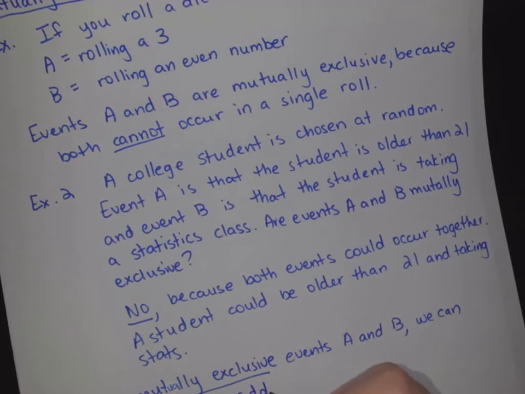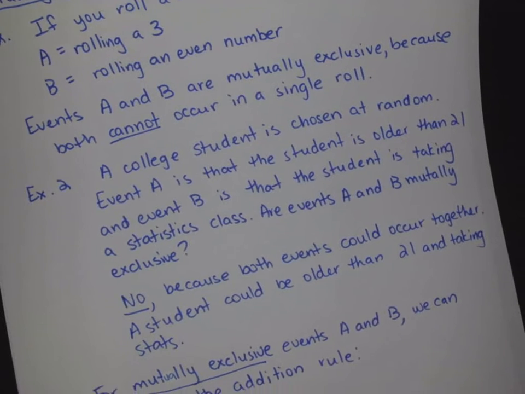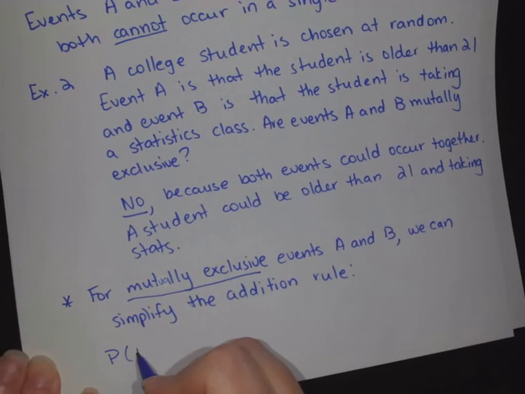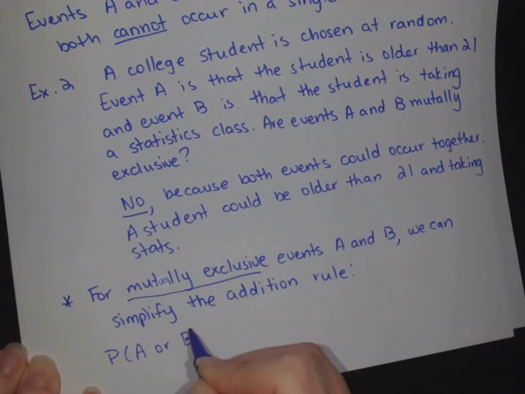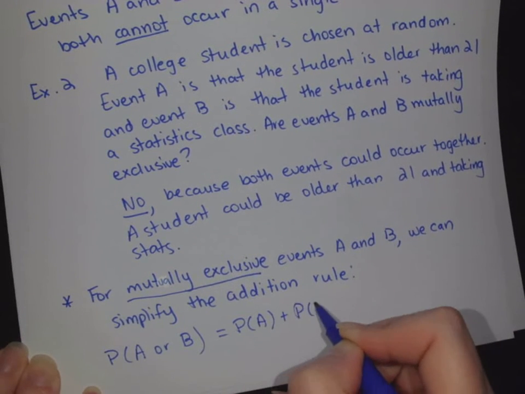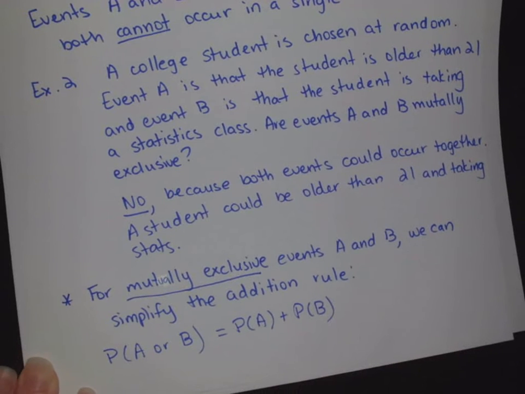Remember how we said that the probability of A or B was the probability of A plus the probability of B minus the probability of both? Well, if you're sure that they can't occur together, then all you have to do is add the probability of A and the probability of B together.